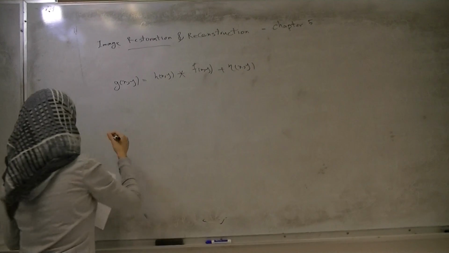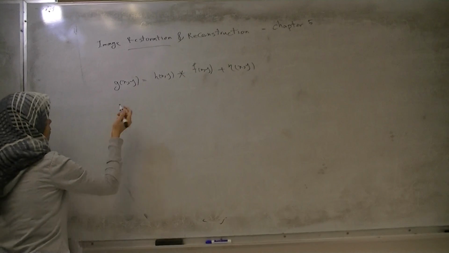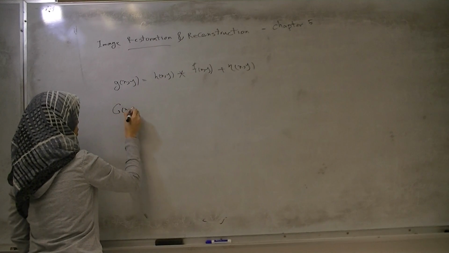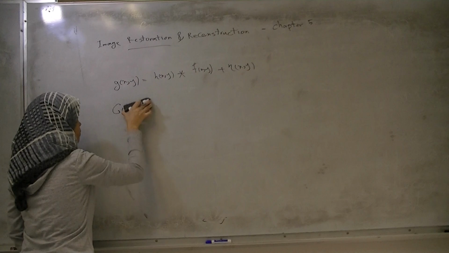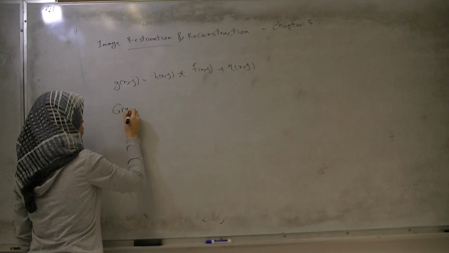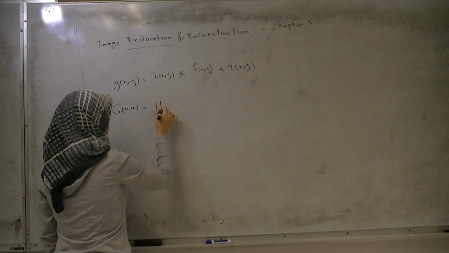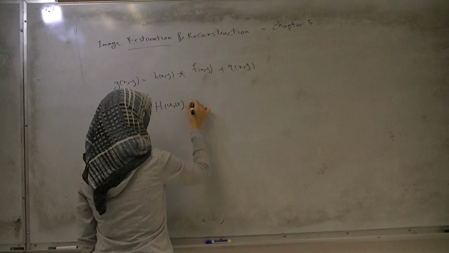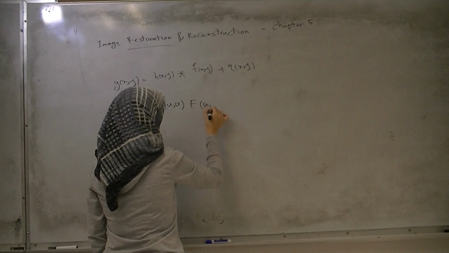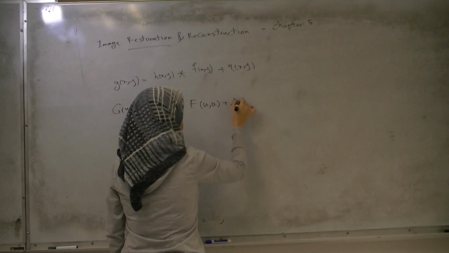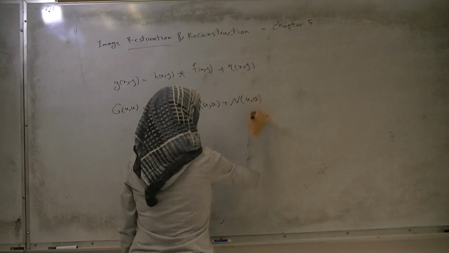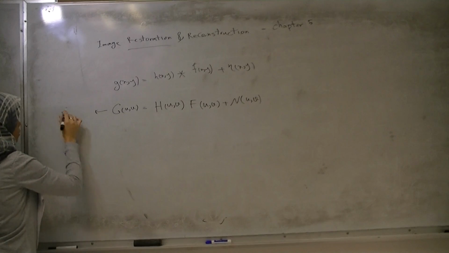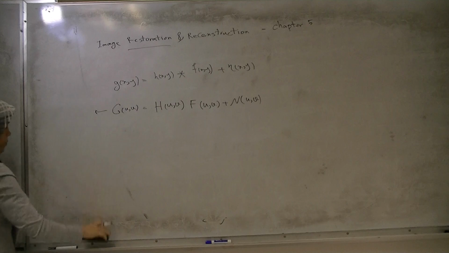And also in the frequency domain, this one is the multiplication, G(u,v). This one is in the spatial domain, and this one is in the frequency domain.